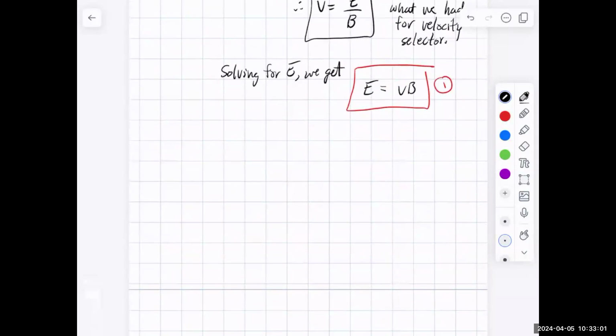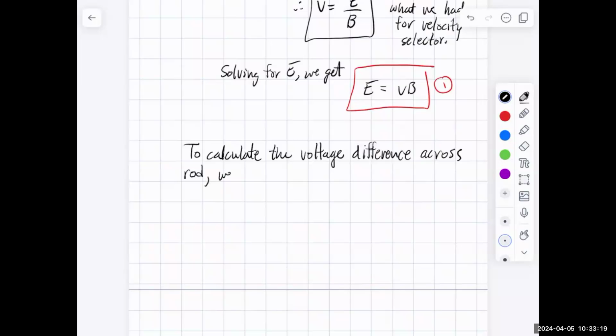Okay, so to calculate the voltage difference across the rod, we use a familiar result. We said voltage differences are this integral of E dot dl.